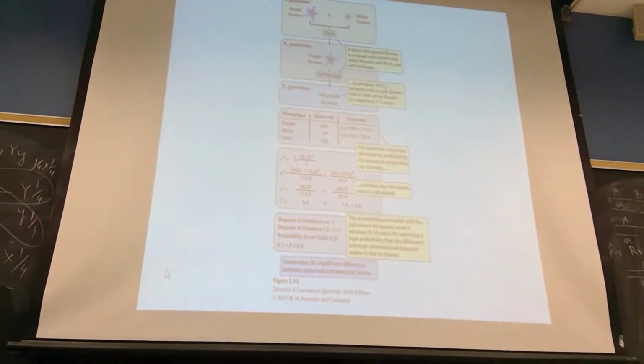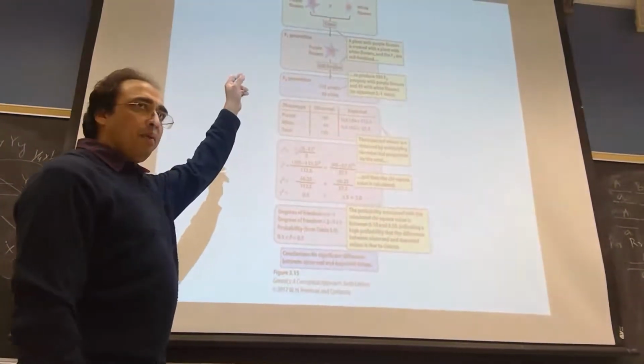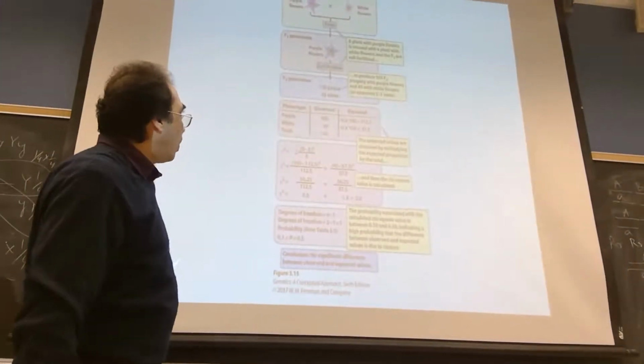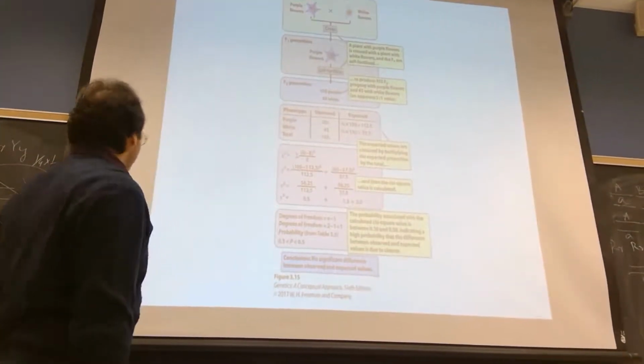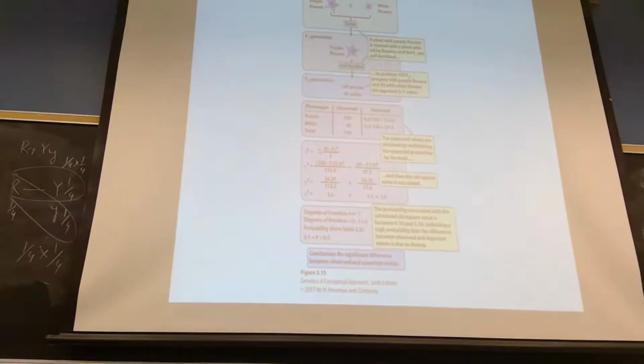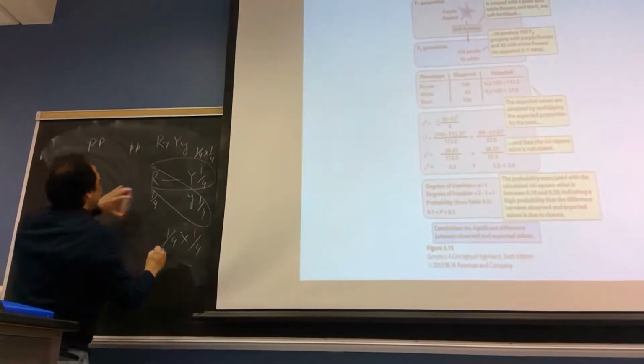Now this is another one. What we are doing is taking the purple flower versus the white flower. Purple is dominant over white. If that is true, what can we get? So purple is dominant and white is recessive.